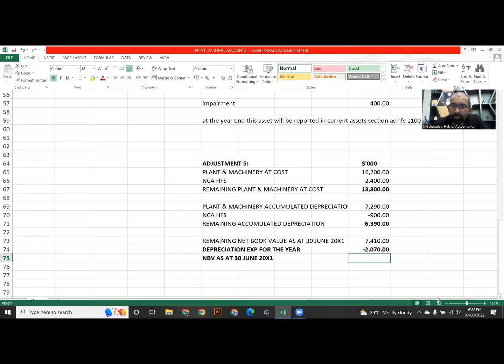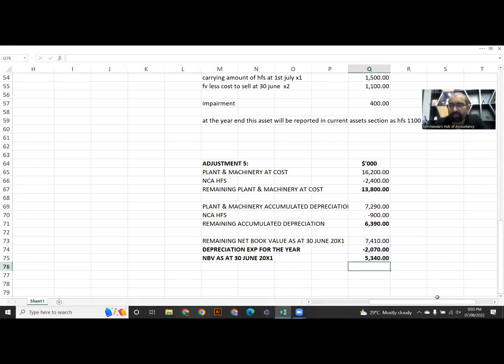And what is going to be the final NBV? It's 5340. 5340 is the final NBV, and this is of plant only.